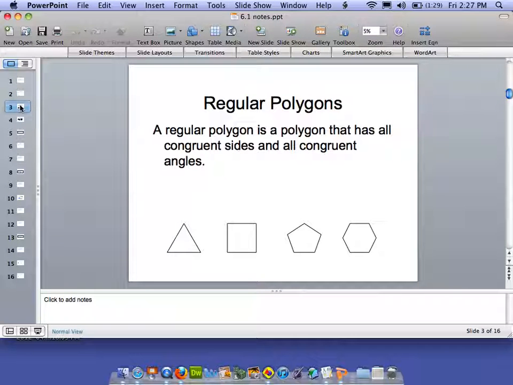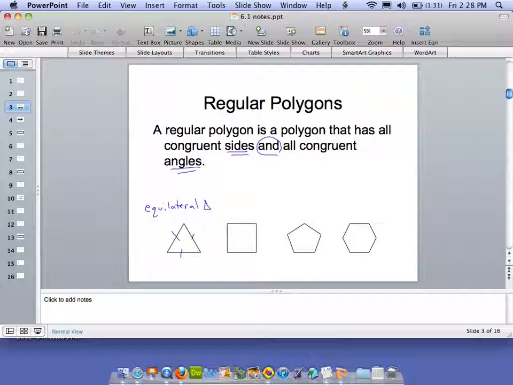A regular polygon is a polygon that has all congruent sides and all congruent angles. The fact that it's both the sides and the angles is important. Our smallest regular polygon is the equilateral triangle.